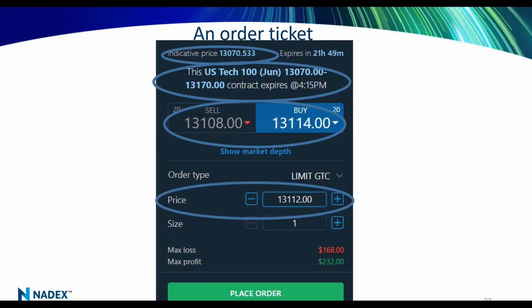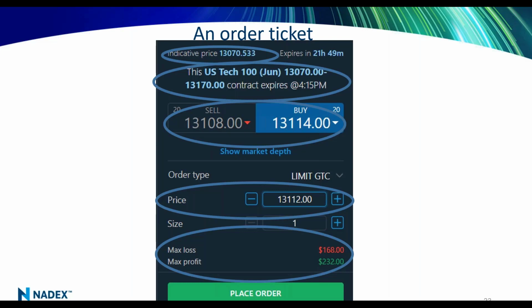Now, if I were to buy one at 13,112, trying to buy one in between the markets, it clearly tells me what my maximum potential profit and maximum potential loss are. On the call spreads and on the knockouts, we do calculate your maximum potential profit and maximum potential loss on the order ticket, whether you're buying or selling.